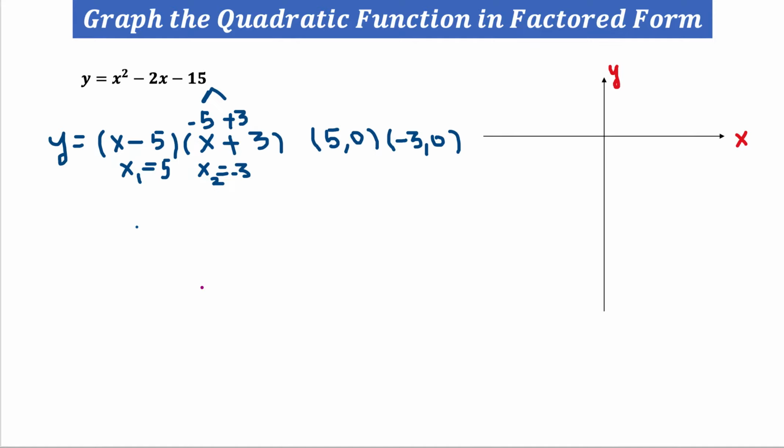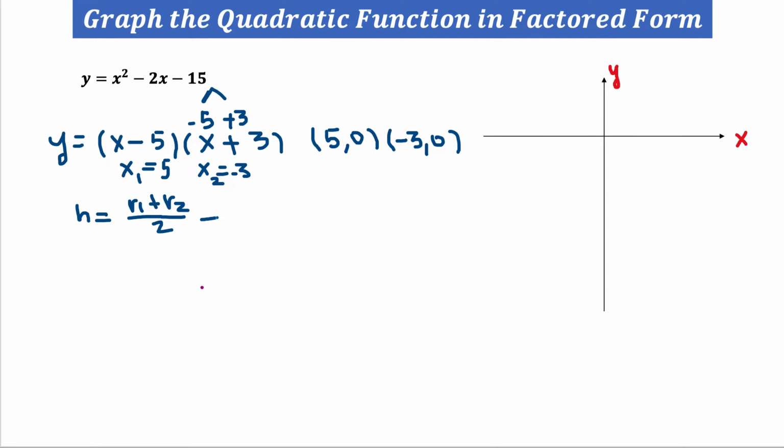Now I want to find the axis of symmetry as we had before. h is equal to the average of them, and as we saw in the previous slide, h is r1 plus r2 divided by 2. Let me write everything: root 1, or x-intercept 1, plus x-intercept 2, divided by 2.